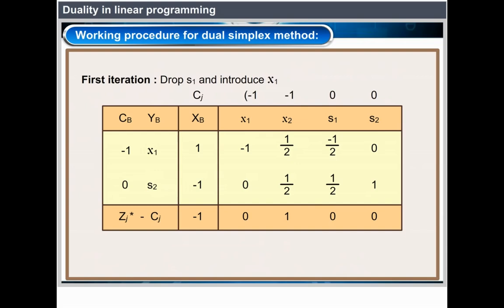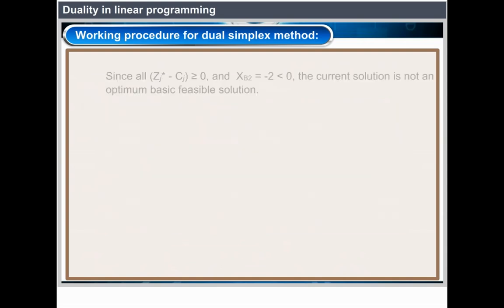Second row: 0 for CB, s2 for YB, minus 2 for XB, 0 for x1, 1 by 2 for x2, 1 by 2 for s1, 1 for s2. Then Zj star minus Cj row: minus 1 for XB, 0 for x1, 1 by 2 for x2, 1 by 2 for s1, 0 for s2.